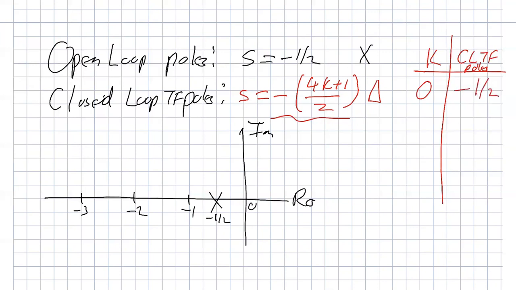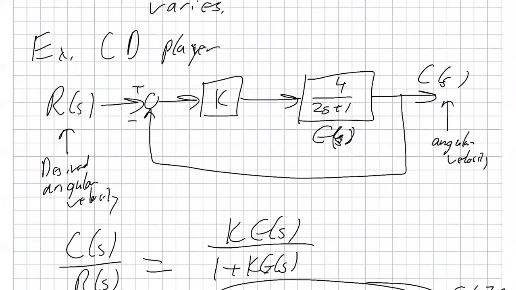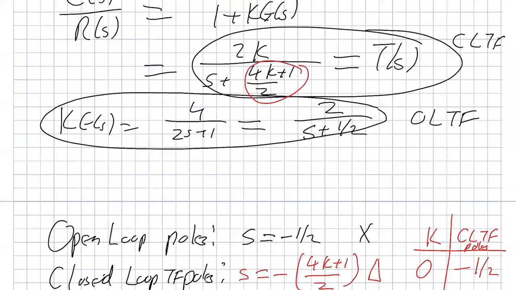In fact, when k is equal to 0, our closed loop transfer function pole is the same as our open loop transfer function pole. And we're going to see that all the time. When k equals 0, we don't have any feedback.